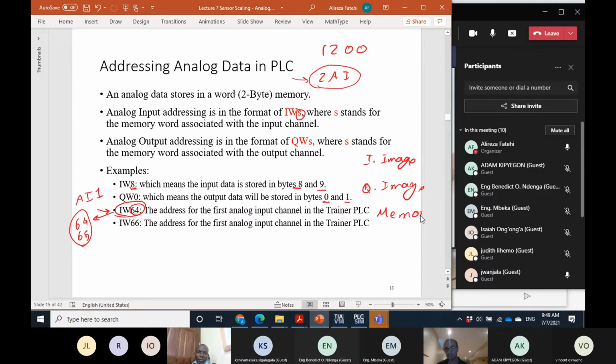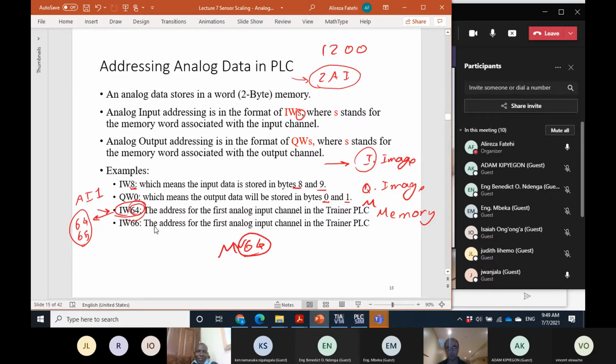We use M for that. We use I for the input, Q for the output. When we say byte number 64 with I, it means byte number 64 in the input image memory section of the memory. So you can, for example, also have MW64.